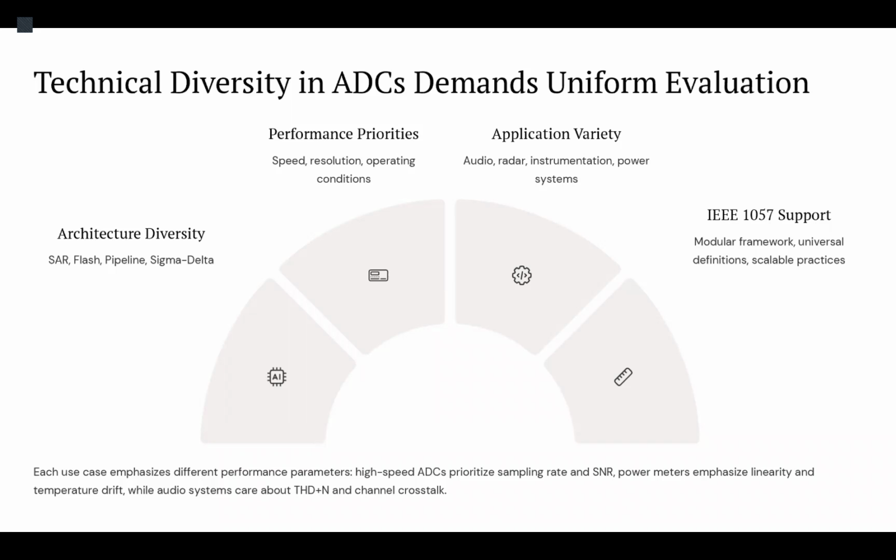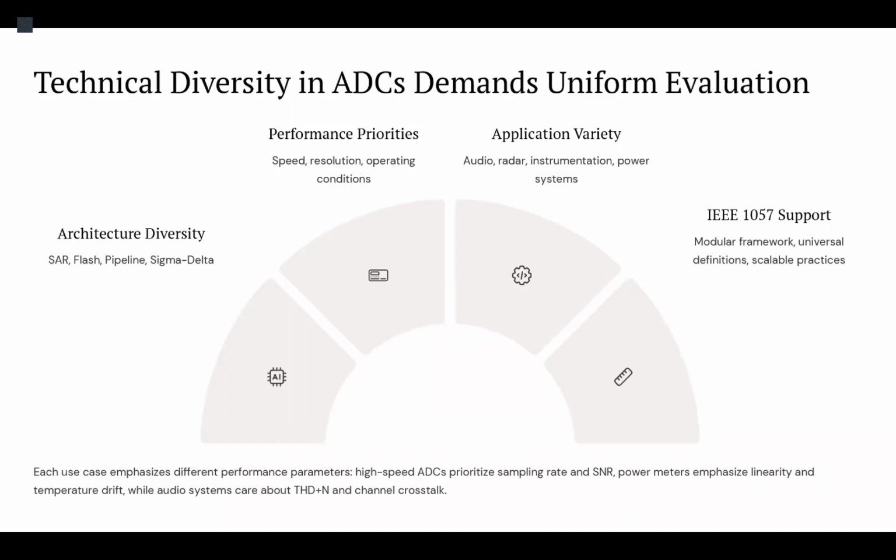In power systems and energy metering, the emphasis of ADC behavior is on linearity and offset accuracy, as well as temperature stability. In this kind of application, SAR kicks in as a suitable ADC architecture. So this diversity shows that no single metric or setup can fully capture the performance of all ADCs across all applications.